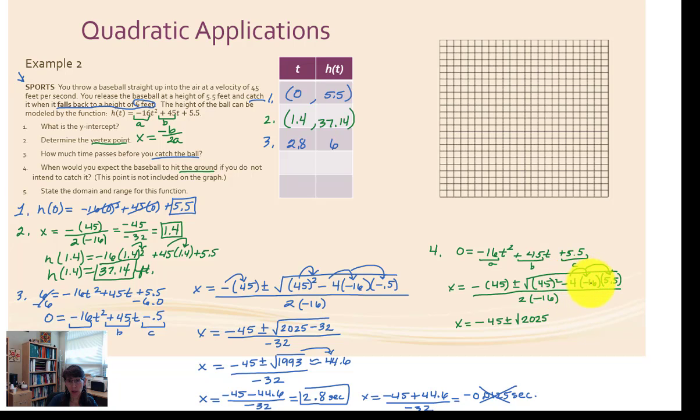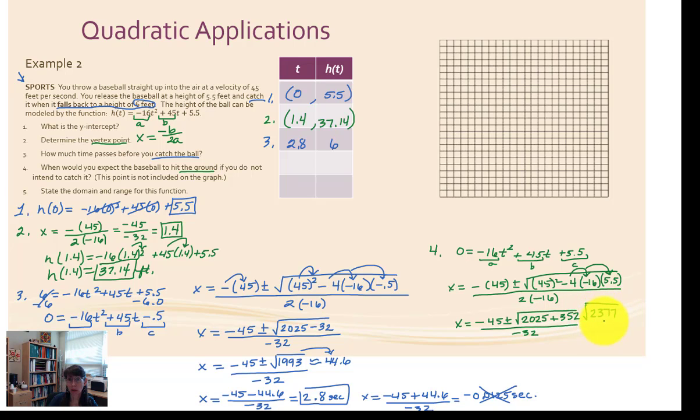We have a negative times a positive, so we're going to be adding something to that 2025. And that amount is 352. And all of these terms are divided by negative 32. To simplify what we have under this radical, simply add 2025 to 352, and we'll have 2377.